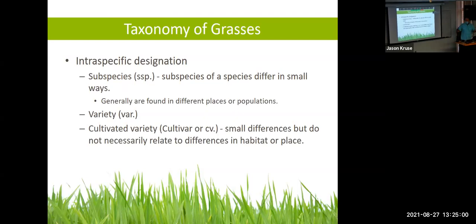For the end user, what's the important part? The name of the cultivar is probably not important. What is important to the end user? How it looks. It's these small characteristics that make it different. It could be the looks, the disease resistance, or the maintenance requirements, absolutely.